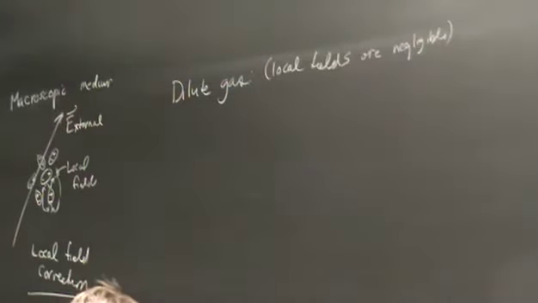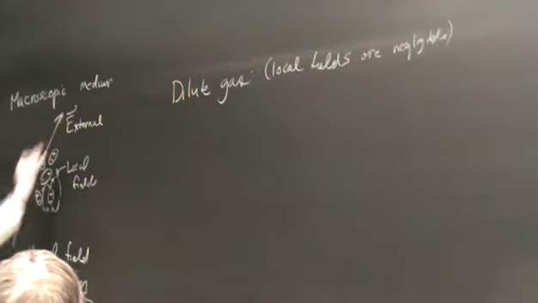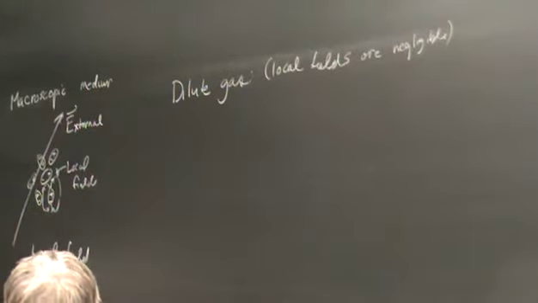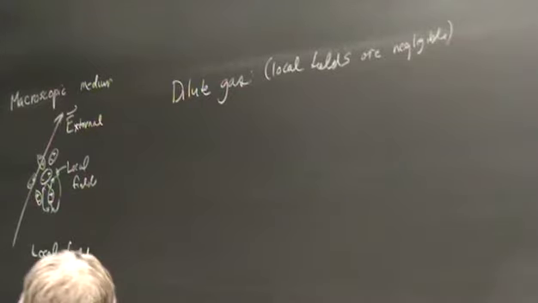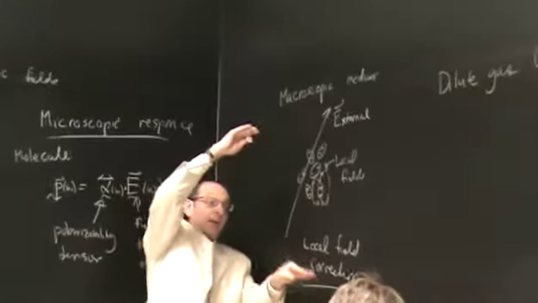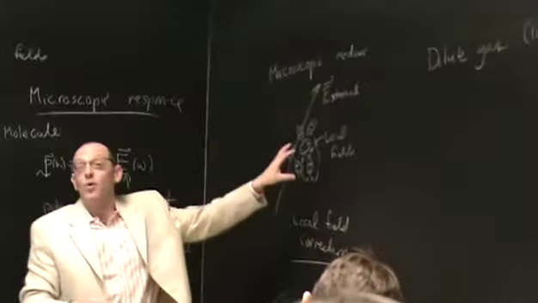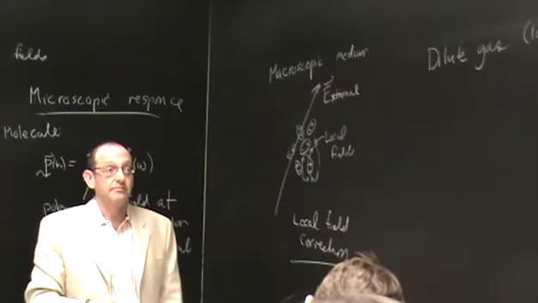I want to see how that laser field propagates through that atomic vapor. If it's sufficiently dilute, if I have a density of 10 to the 11th atoms per cubic centimeter, that means the distance between them is so big, and the dipole field falls off like 1 over r cubed, that I can ignore those local fields.